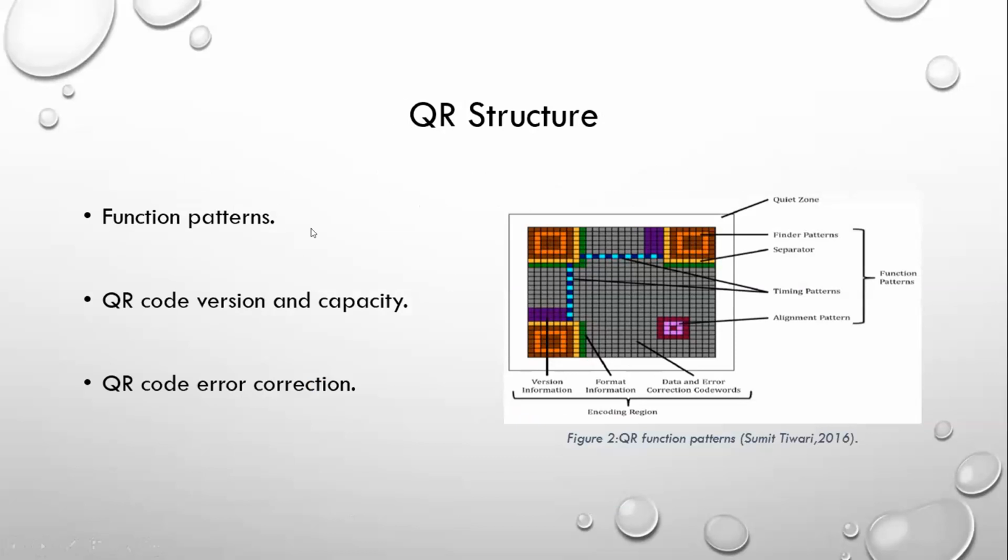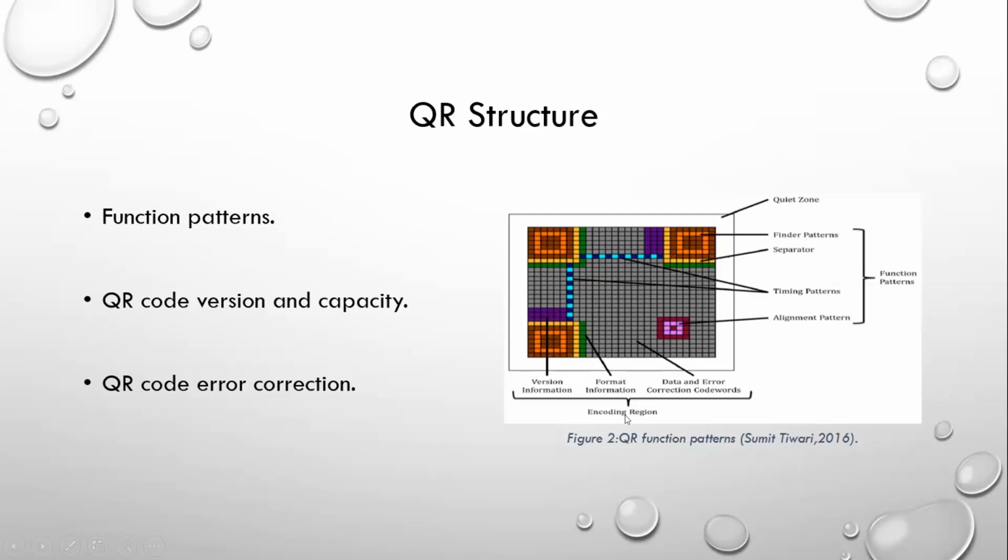So we have the function patterns, the QR code version and capacity, and the QR code error correction. In this part, the first is the coded zone, and here are the function patterns. We can see the finder patterns, the separator and timing pattern, and the alignment pattern to see the alignment of the QR code.